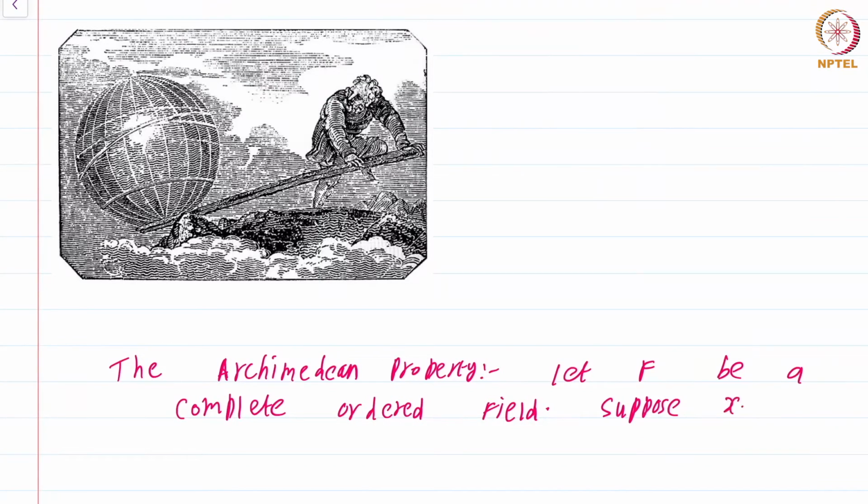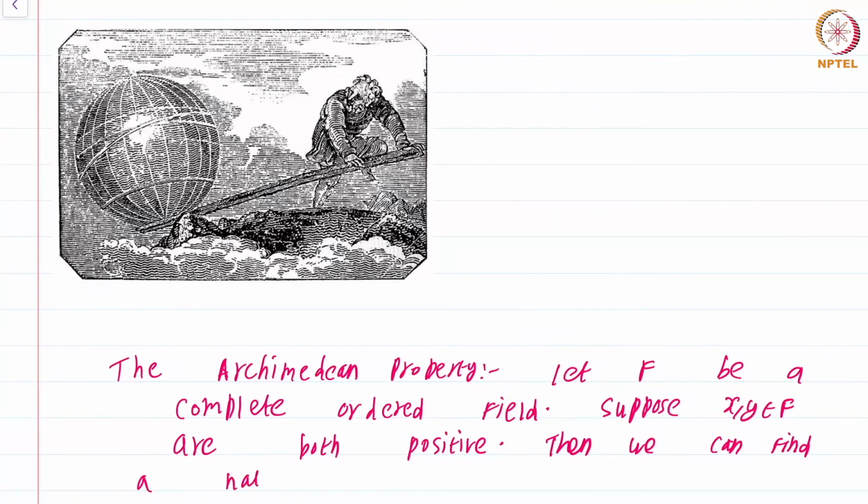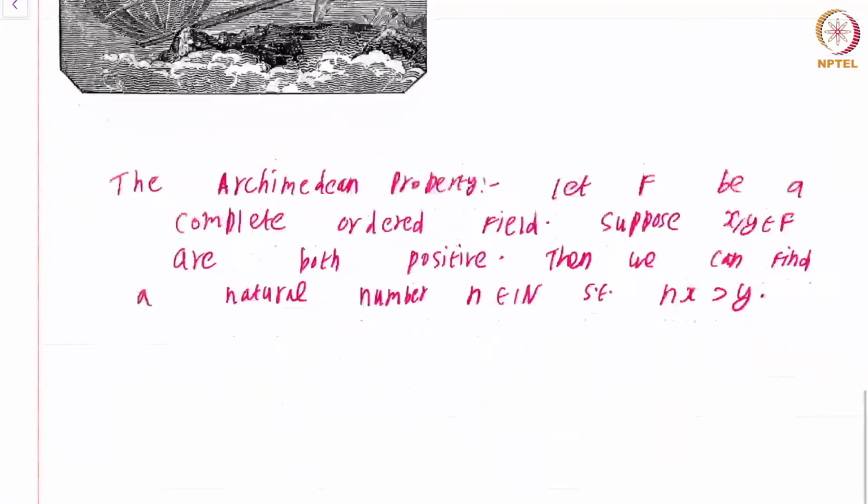Suppose x, y in F are both positive. Then we can find a natural number n in N such that nx is greater than y.